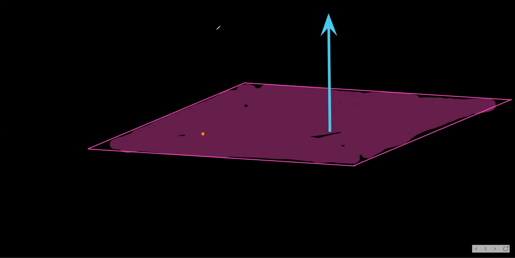I repeat again, to determine a unique plane, you need one point on the plane, say the point is A, and you need a vector which is perpendicular to the plane. This vector which is perpendicular to the plane, we call a normal vector.